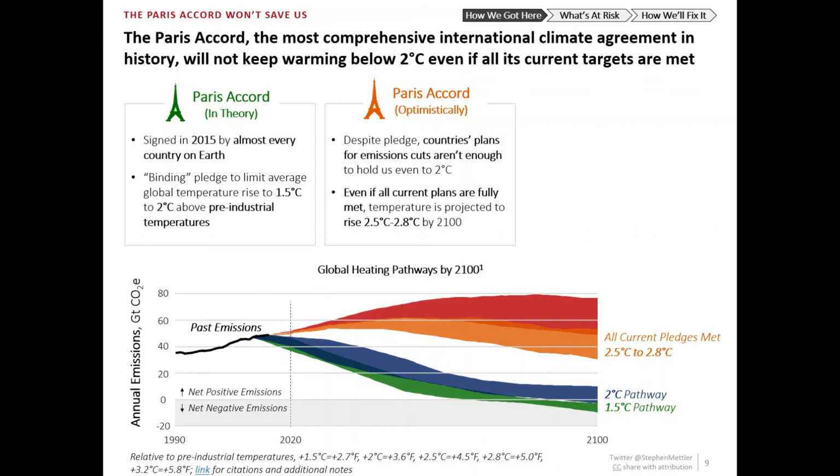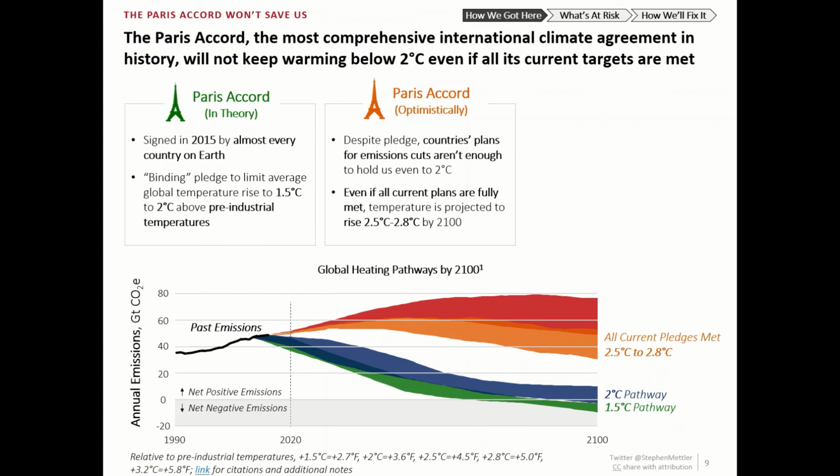And that might not seem like that much more, but the consequences of warming, which we're going to talk about in the next section, compound on themselves and get higher and higher at a faster rate the more warming happens. So there is a serious gap between 1.5 degrees and 2 degrees, and then between 2 degrees and all of the values that are higher than that.